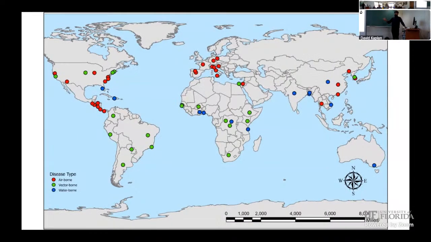These are the diseases they were used for: red for airborne, green for vector-borne, and blue for waterborne. Since we are more involved with Vibrio, we'll be focusing on the waterborne diseases. This shows how different satellites and their sensors have been used.